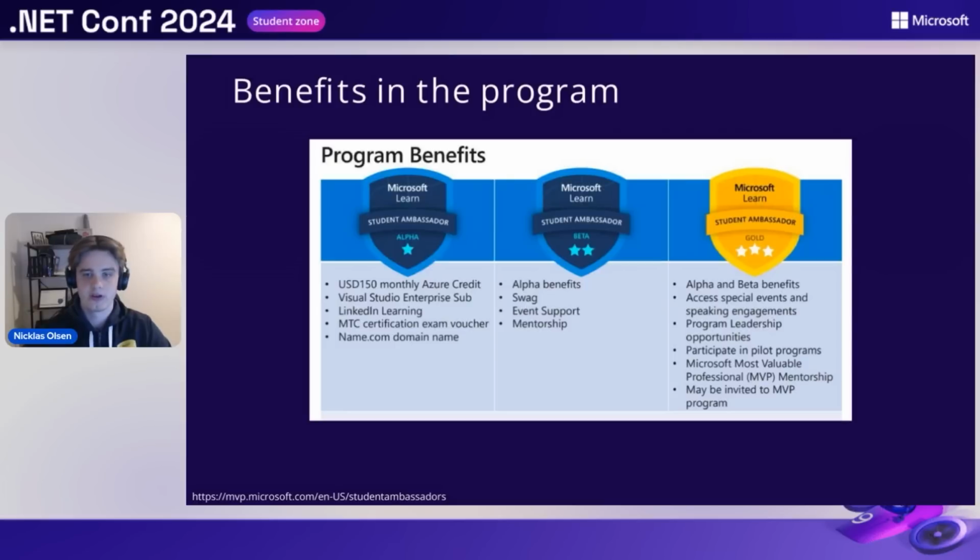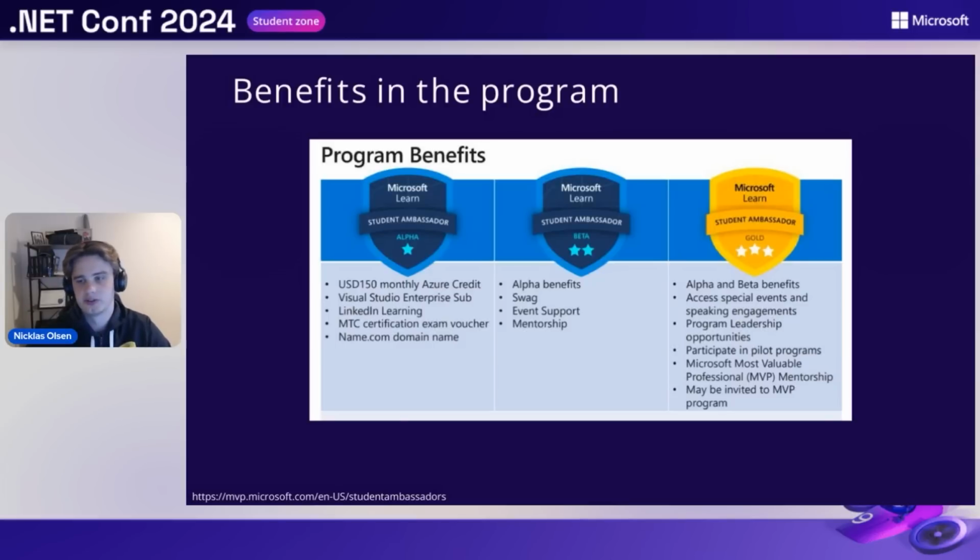And once you've been a beta or been in the program for more than a year, you can self-nominate yourself, or you can get nominated by a Microsoft employee or existing gold student ambassadors to get to the gold milestone. If you get accepted, you will of course receive all the alpha and beta benefits.